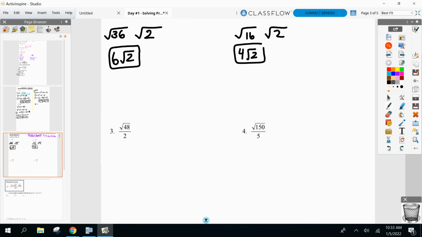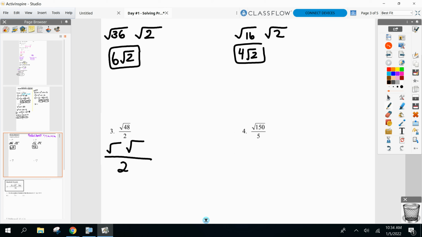Biggest perfect square that goes into 48. 4 does work. Might be something bigger. Keep checking. What's the perfect square you found?